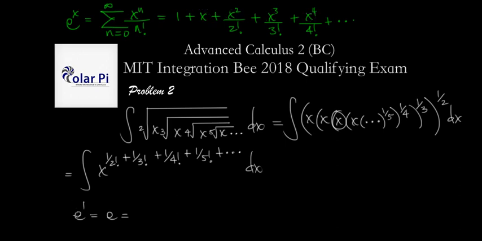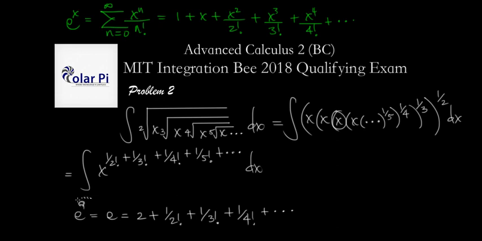So the sum, e to the first, which is e, becomes 1 plus 1, which is 2, and then plus 1 over 2 factorial, plus 1 over 3 factorial, plus 1 over 4 factorial, plus 1 over 5 factorial, and so on and so forth.